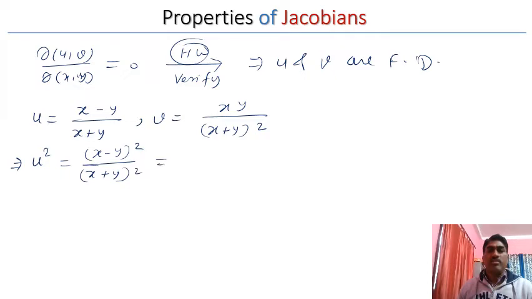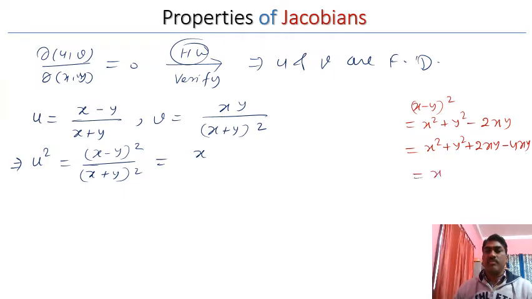Now x minus y whole square is equal to x square plus y square minus 2xy, and this can be written as x square plus y square plus 2xy minus 4xy. That means x plus y whole square minus 4xy.